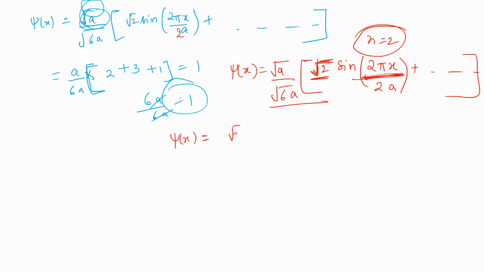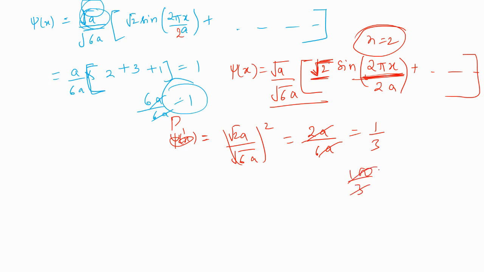So probability is equals to c2 square, 2a by 6a, this is 1 by 3. So 100 by 3 is equals to 33% will be the answer.